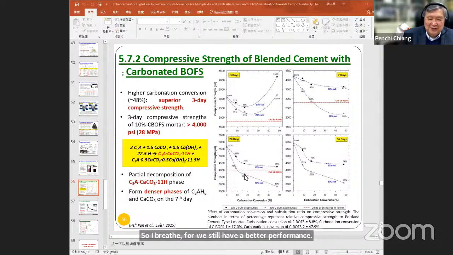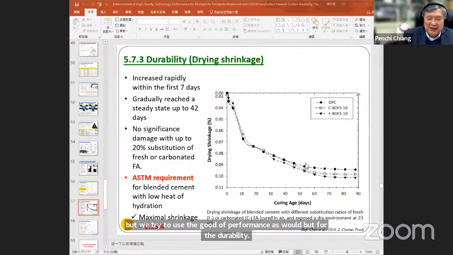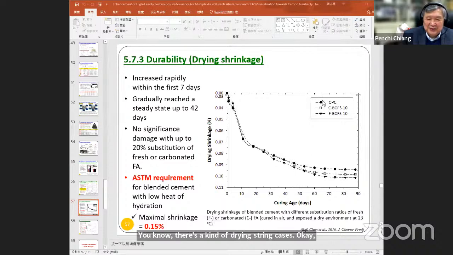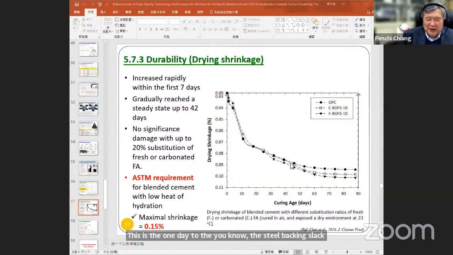But this curve is not good, so we try to get as good performance as we can. For durability, there is drying shrinkage. As you can see in this diagram, this is the traditional Portland cement, this is the carbonated steel making slag, and this is the fresh one. We compare three different levels of measurements.